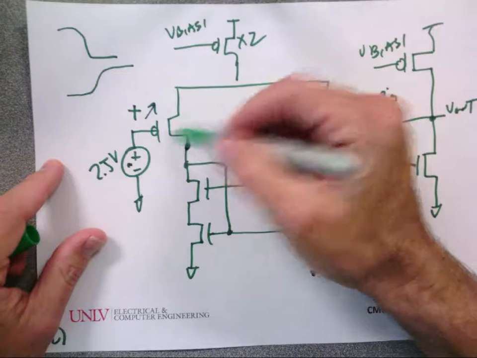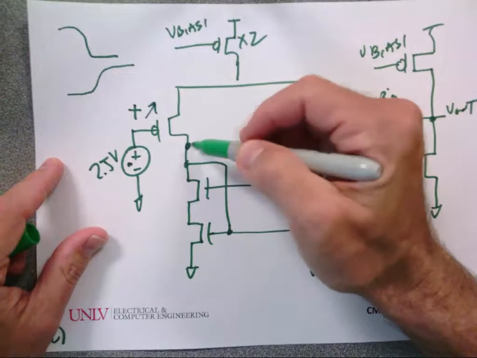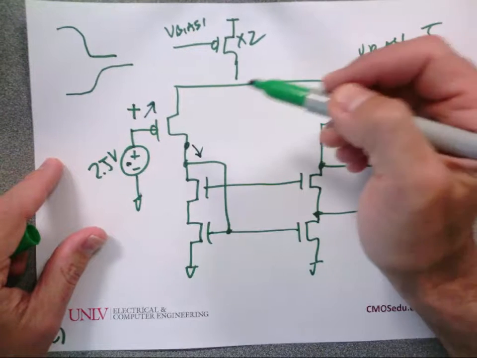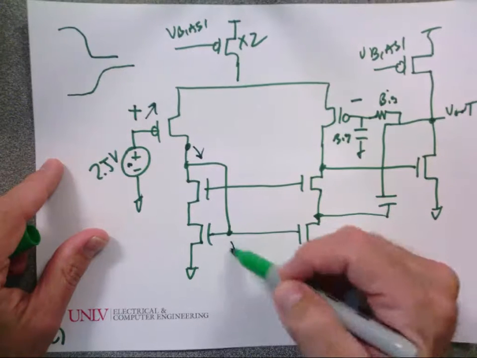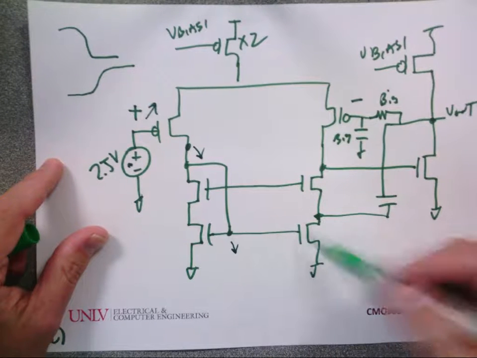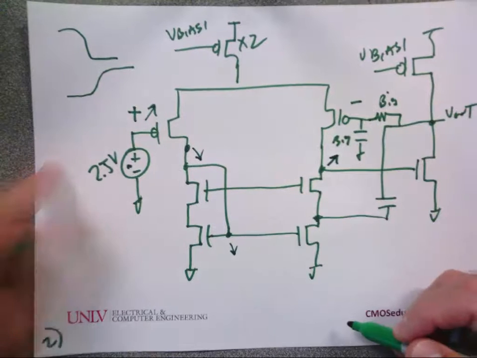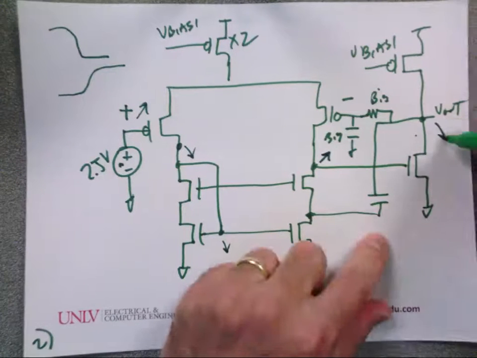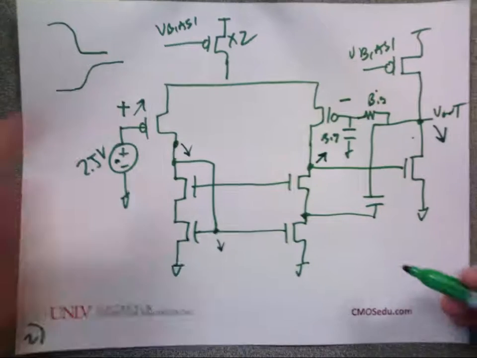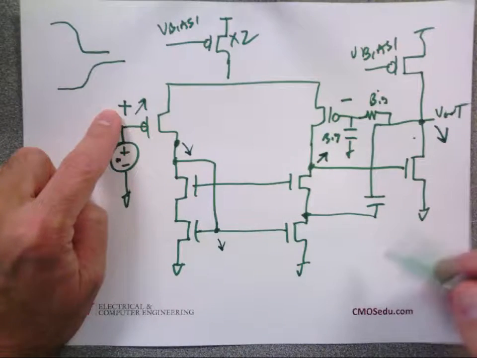Wait, this shuts off. This is diode connected, so this goes down. If this goes down, this goes down. It's the same node, which shuts this off, causes this node to go up, and this node to go down. So is that the positive terminal?